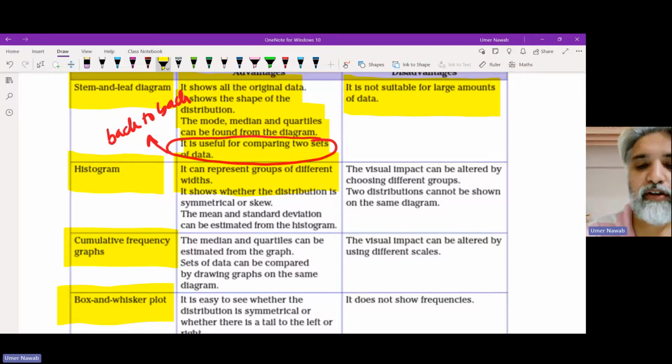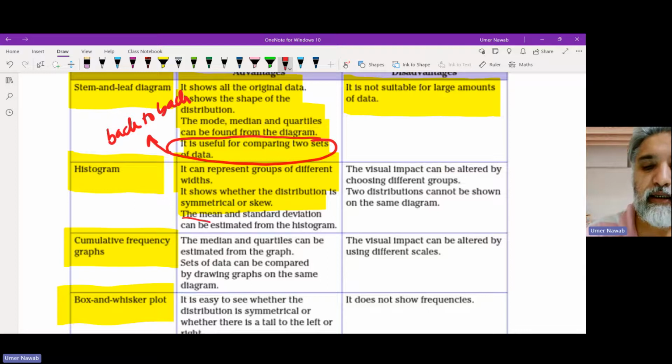It shows whether the distribution is symmetrical or skew. Yes, guys, whether it is symmetrical, or tilted towards the right, or tilted towards the minimum values, the shape of the distribution can be easily seen from the histogram.